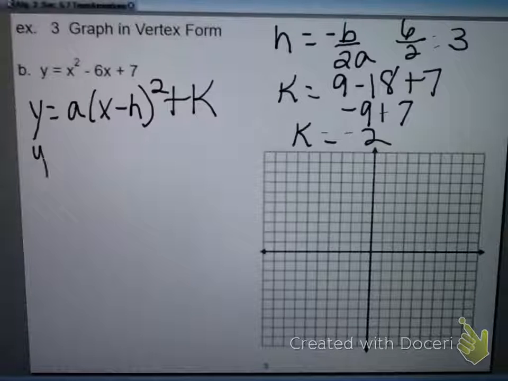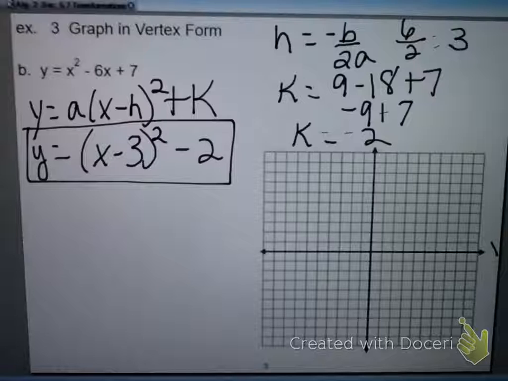A is 1. And once again, don't forget that it's x minus h. H is 3, so it's x minus 3, quantity squared minus 2. So I'm going to first plot my vertex, which is 3, negative 2.